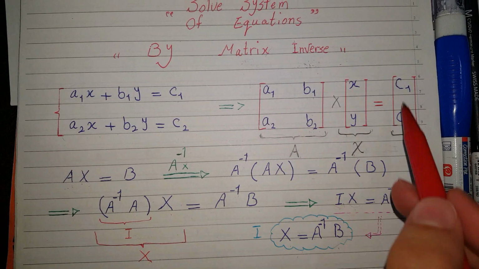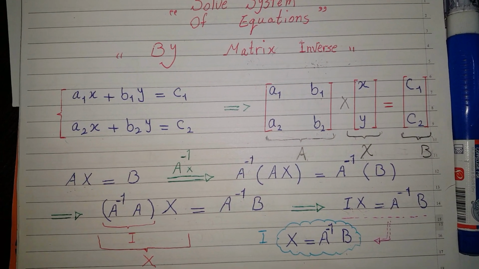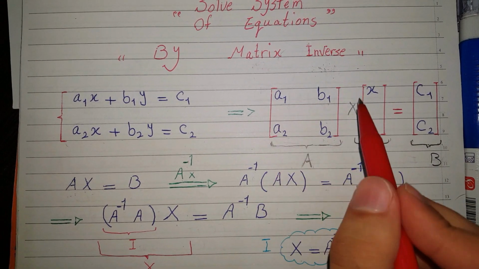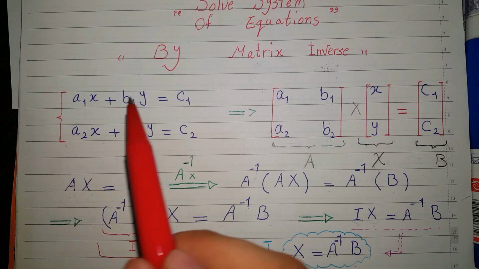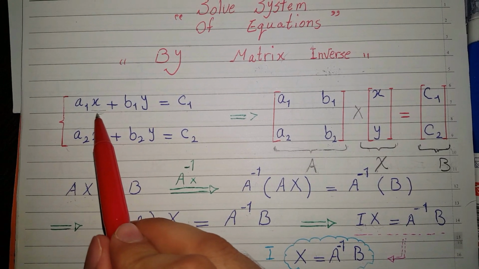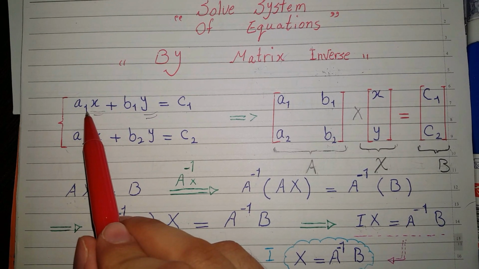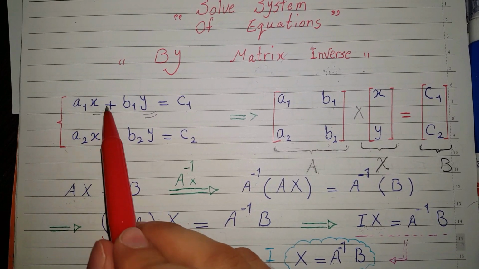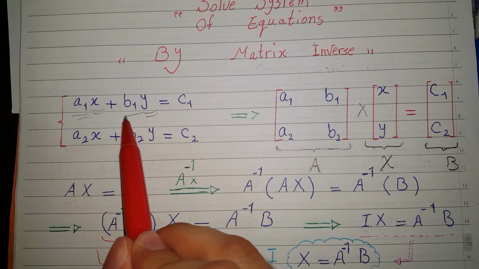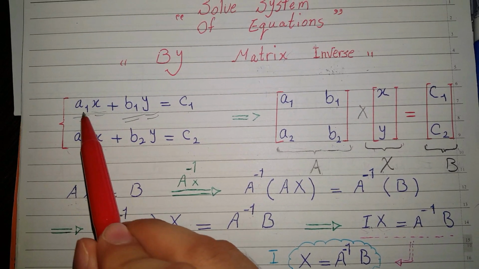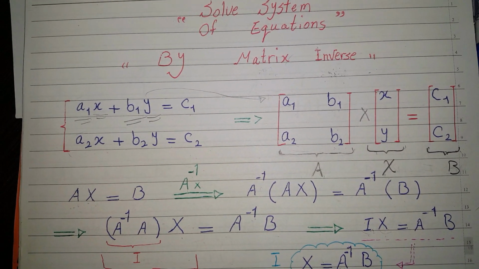Provided that you know how matrices are multiplied together, you will easily realize how this system can be written in matrix form. The first thing you need to do is to find the matrix of coefficients of the unknowns in the system. Our unknowns are x and y, and we need to find them. The coefficients of our unknowns in the first equation are a1 and b1, and they go to the first row.